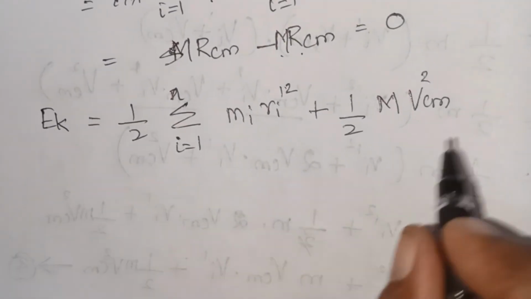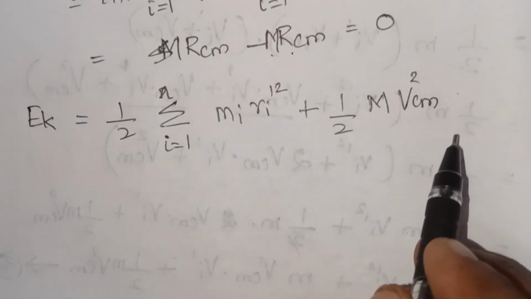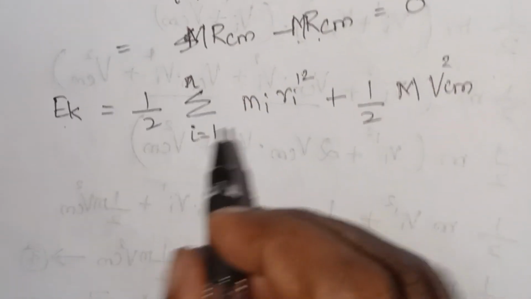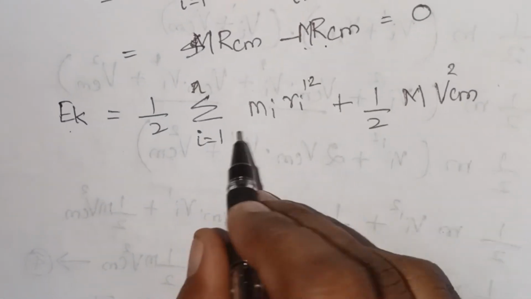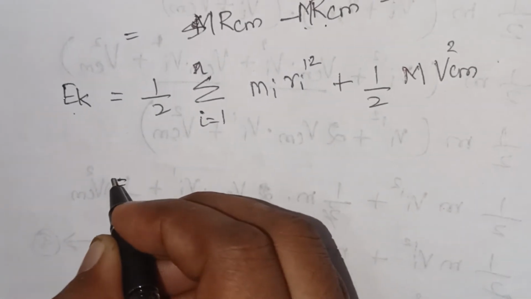So this is the total kinetic energy of the whole system with n number of particles. So what can we say? Kinetic energy depends on two terms.